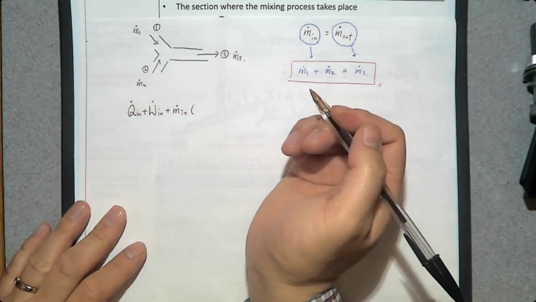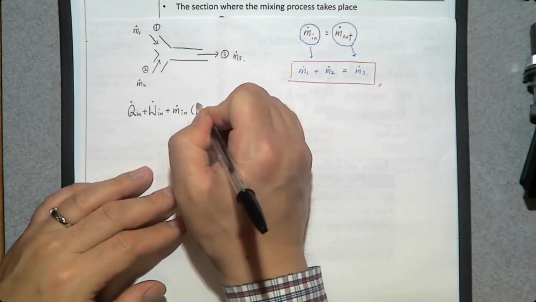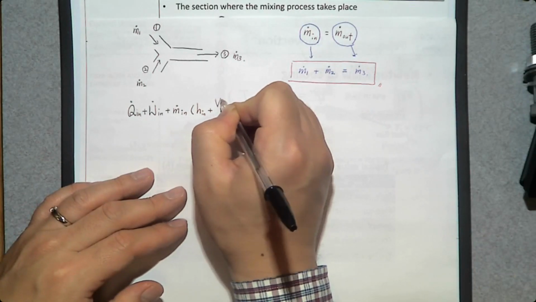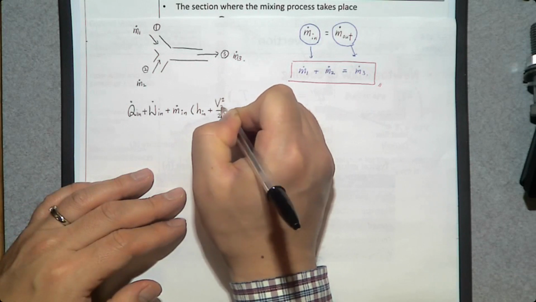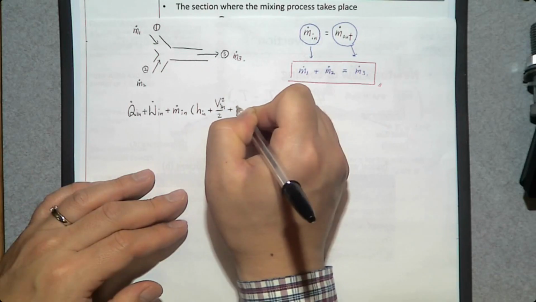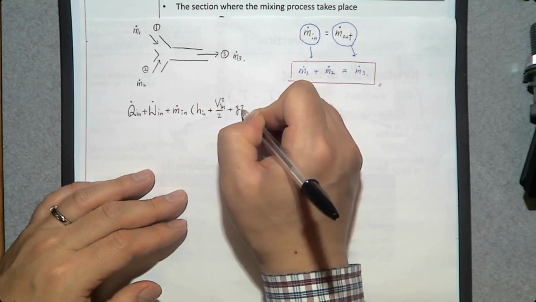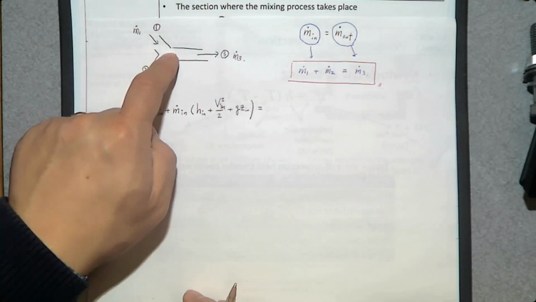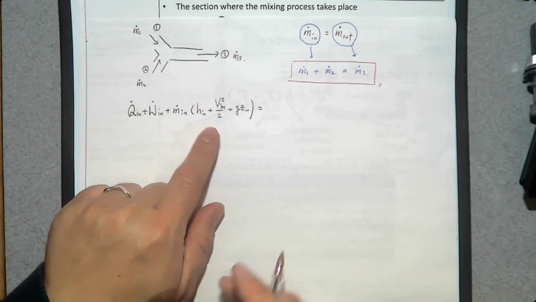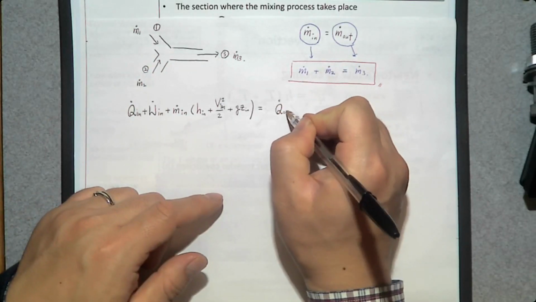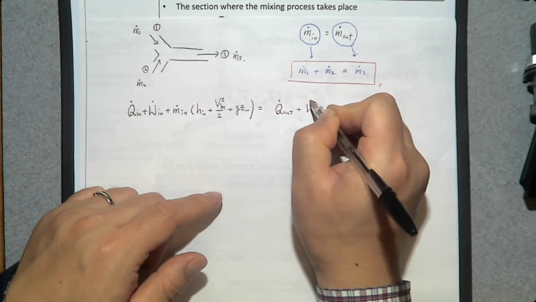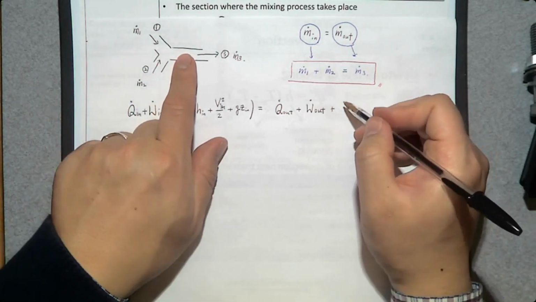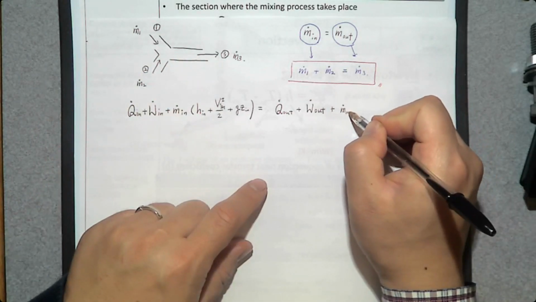This m dot has three forms of energy: first, specific enthalpy h, second, specific kinetic energy, velocity squared over 2, and third, specific potential energy. What about energy transfer out of this control volume? Heat, work, and mass. Heat, Q dot out, plus work, W dot out, actually power, plus mass leaving this control volume, m dot out.